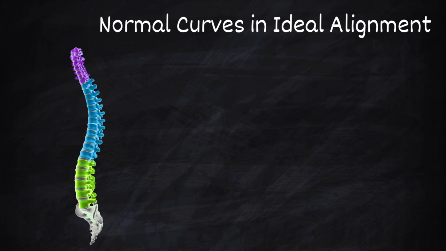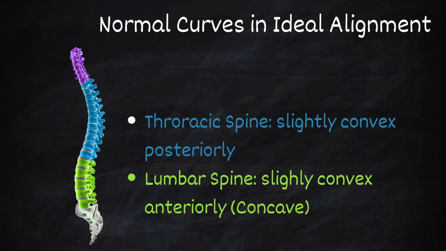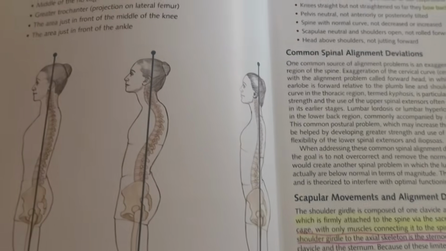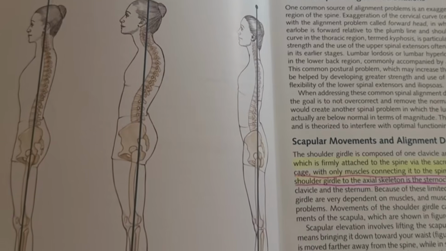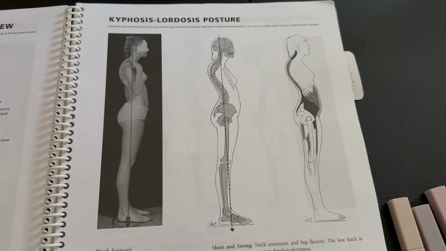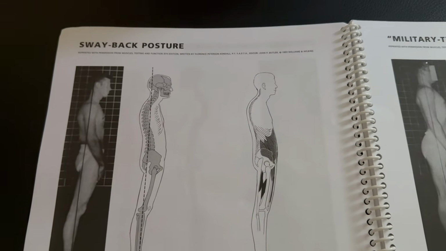The lumbar spine should be slightly convex anteriorly, or concave. The thoracic spine should be slightly convex posteriorly. The cervical spine should be slightly convex anteriorly, or concave. Deviations in the spinal alignment are going to show us either kyphosis-lordosis posture, flat back posture, or sway back posture.